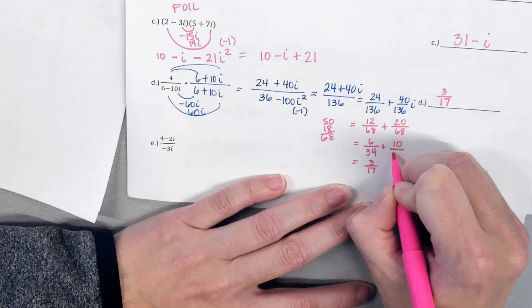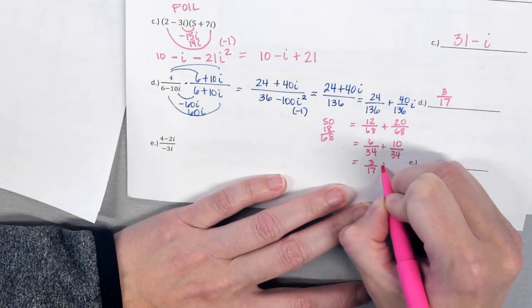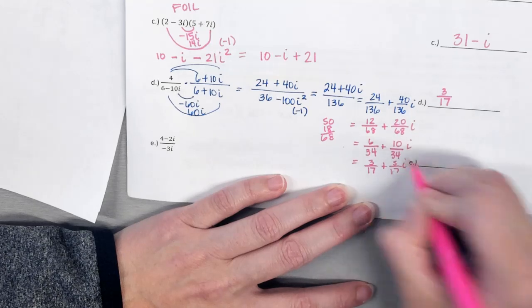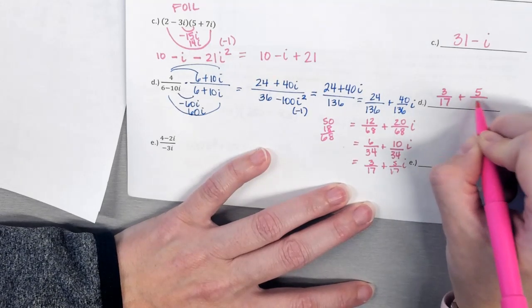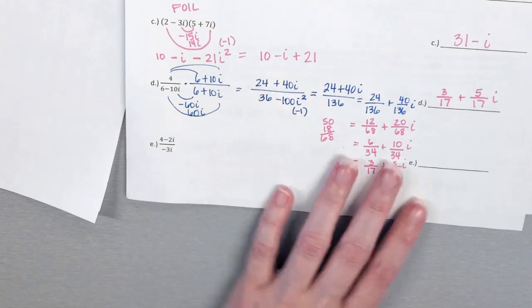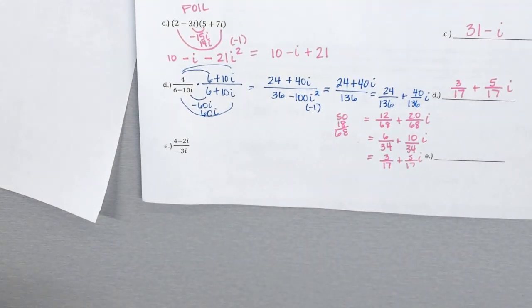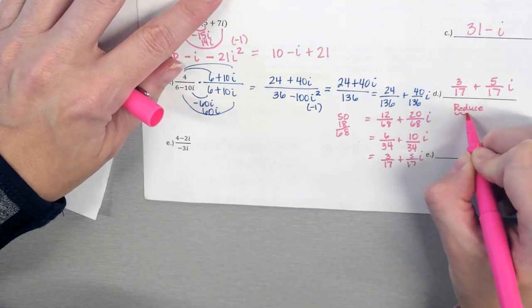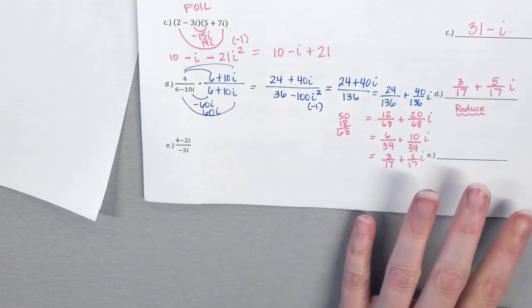You have 10 over 34. Cut it in half again. 5 over 17. Okay, so anytime it's an even number, you can divide it by 2. Make sure everything you have is in the reduced form. Okay, that's your simplest form.